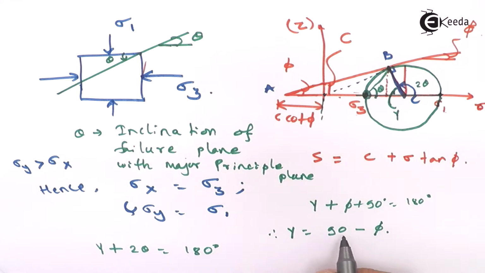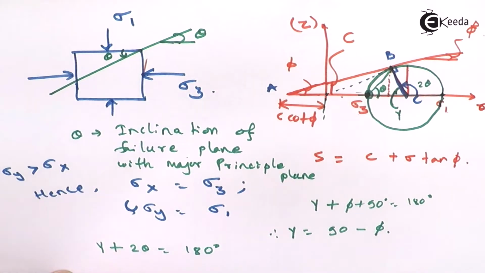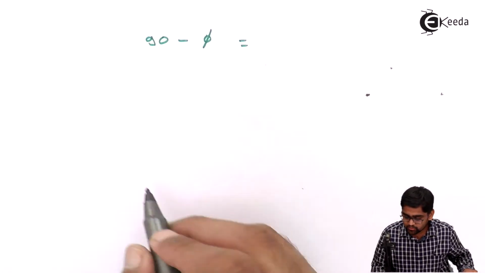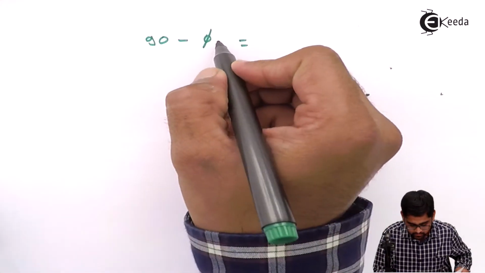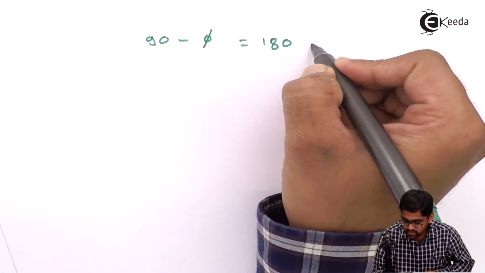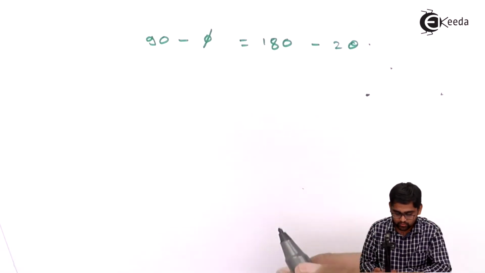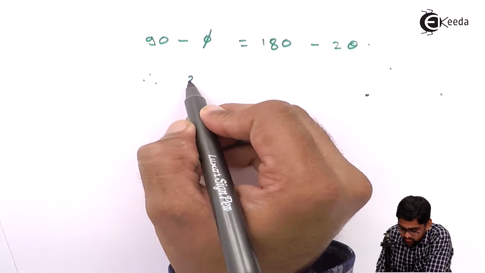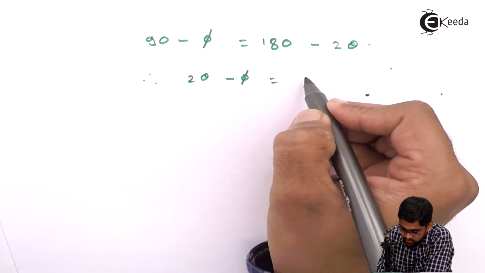So you place the value of y equals 90 minus phi in this expression. You will get 90 minus phi plus your 2 theta equals 180. So I'll write this as 180 minus 2 theta. Therefore this goes here, this goes here, so 2 theta minus phi equals 90 degree.